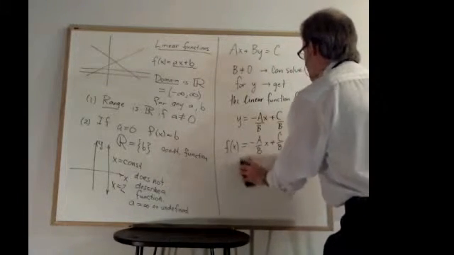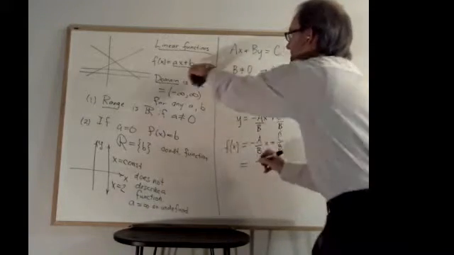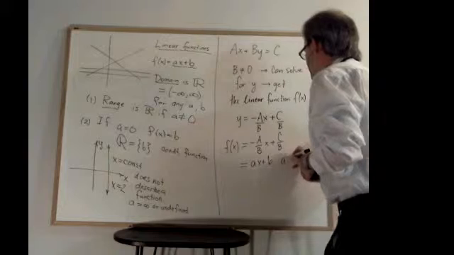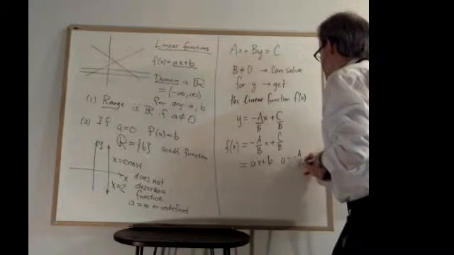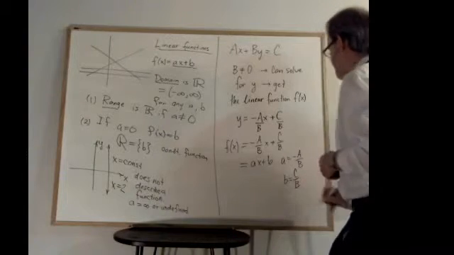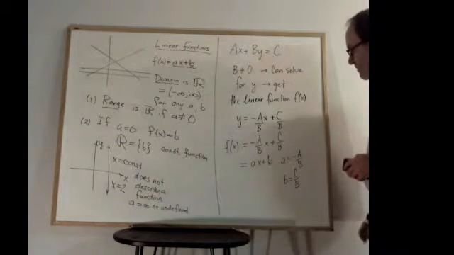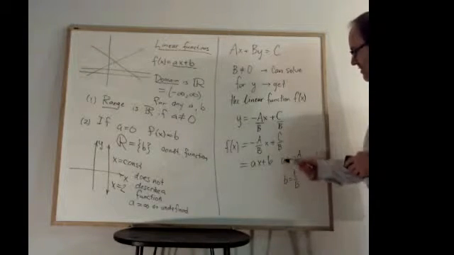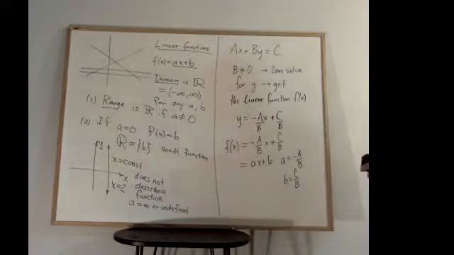And it's the same as this form as long as you take a is equal to minus a over b, and b is equal to the capital C over b. These are capital letters, these are small letters. They're different here.